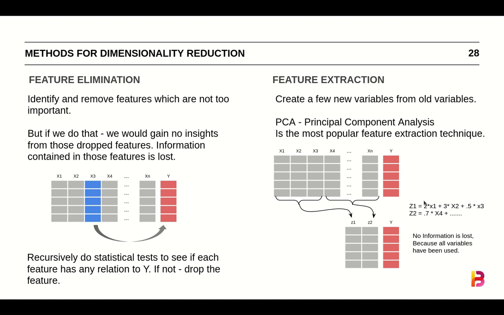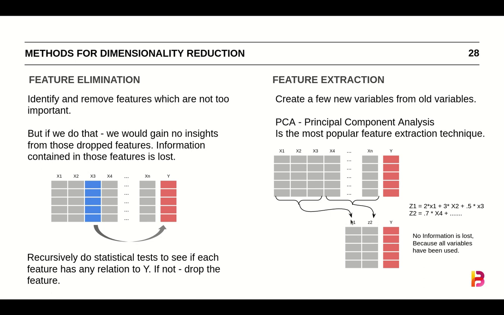We'll come to how we decide these numbers, but let's just assume these numbers lead to another feature called Z1, and in a similar way a linear combination of the rest of the features leads to a column Z2. Now I can calculate it row by row, every row of Z1 and Z2, and I would end up with a data set with all of these features squeezed into two features.